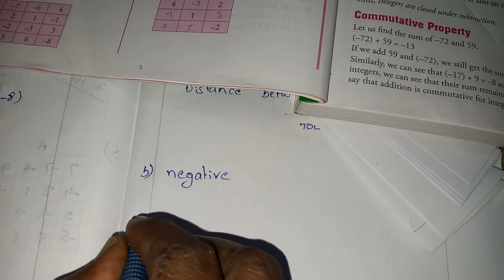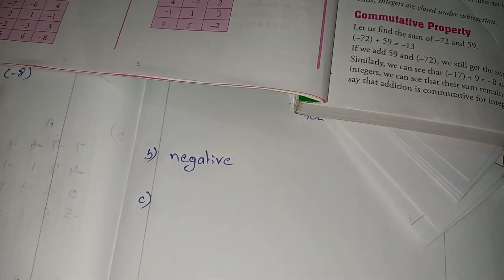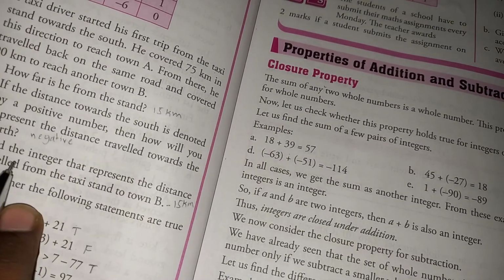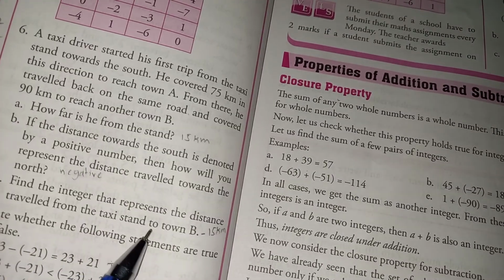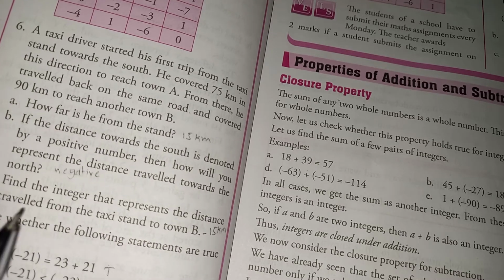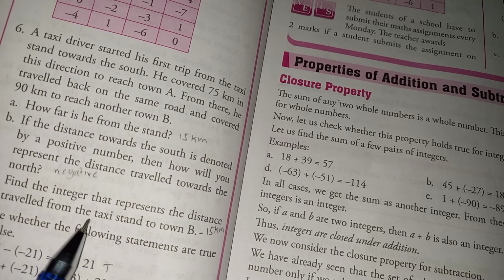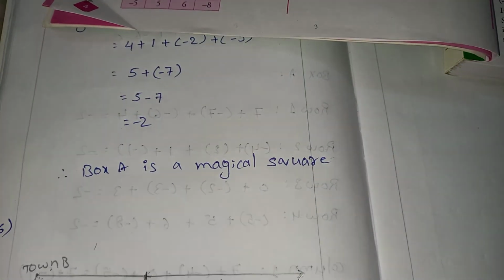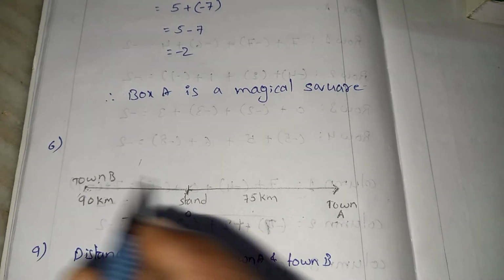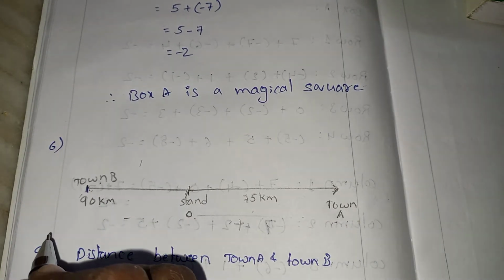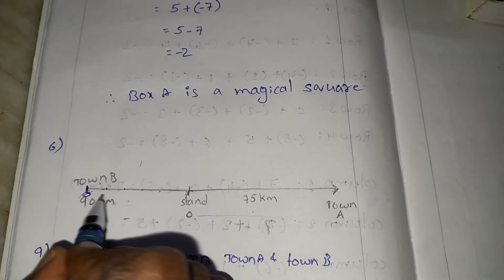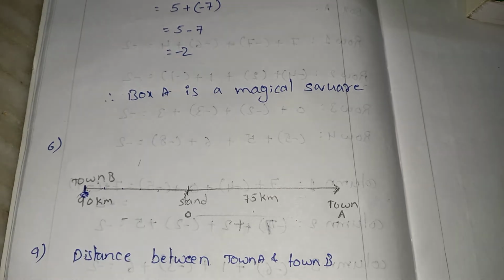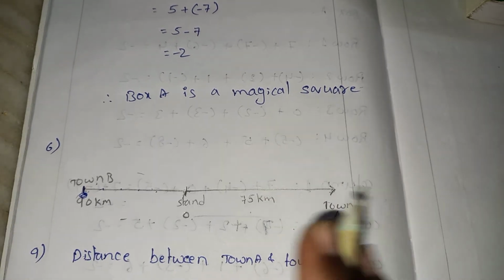Okay. Next, option C in the 6th question. Find the integer that represents the distance traveled from the taxi stand to town B. They are asking the integer number here. How you will mention? We generally used to mention with points, no? Which number you use here to represent the distance traveled.